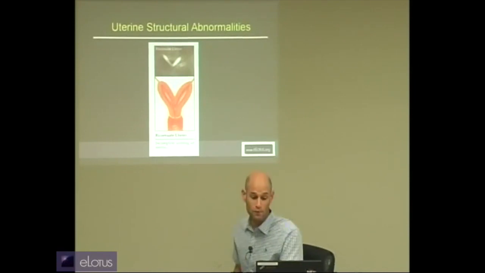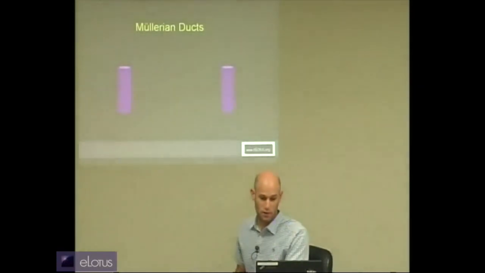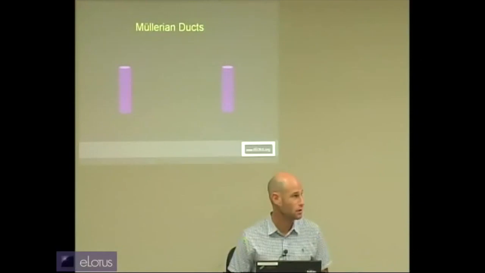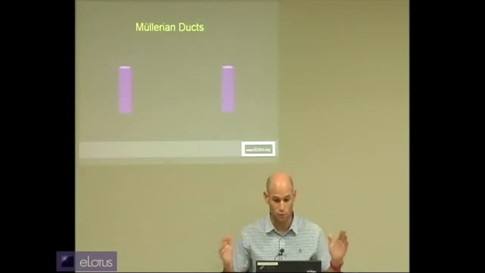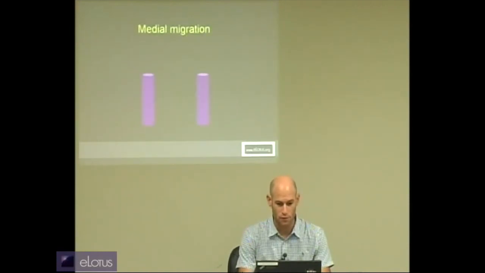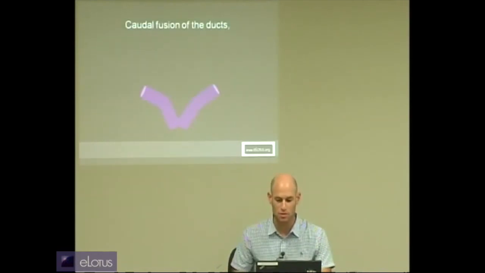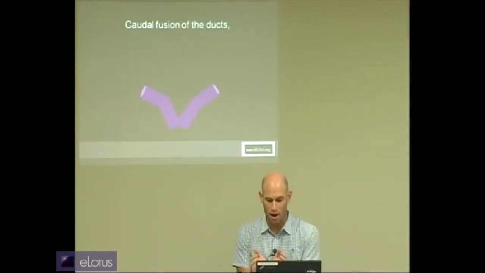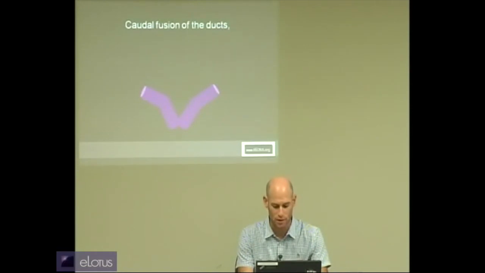So the way the bicornuate uterus forms is, again, we have our familiar Mullerian ducts, which move from the sides of the embryonic disc, and they move towards each other. And then what happens is, instead of completely joining at the bottom, they don't completely join.